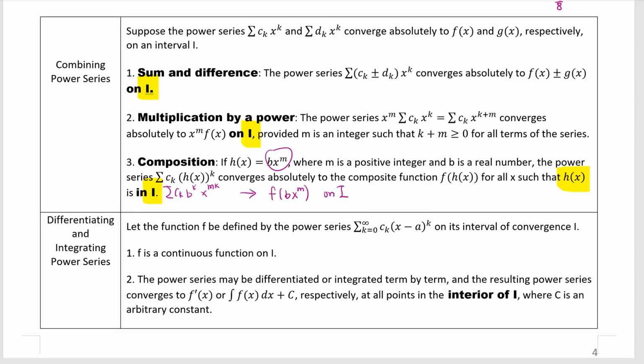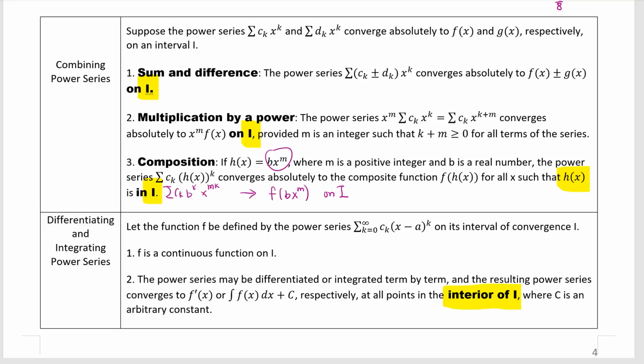But when we differentiate and integrate power series, let f be defined by the power series on the interval of convergence I. First, f is a continuous function on I. Second, the power series may be differentiated or integrated term by term, and the resulting power series converge to the derivative of f or the antiderivative of f, respectively, at all points in the interior of I. So we guarantee that for the interior of the interval I, the series converges.